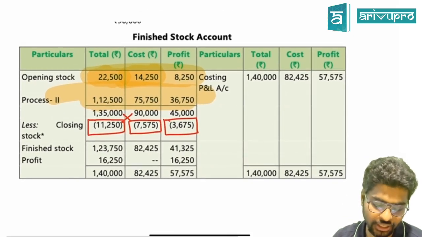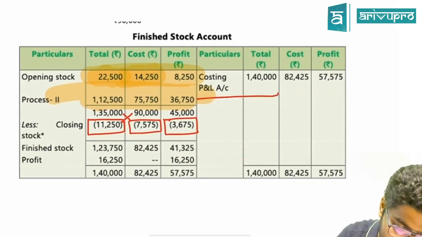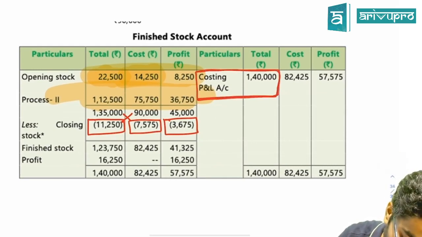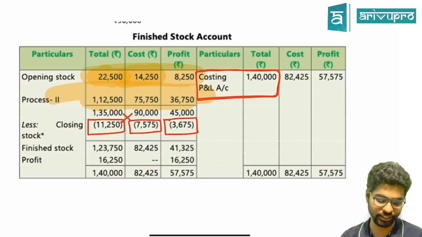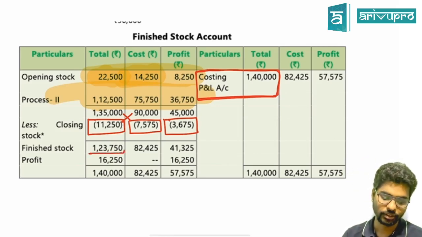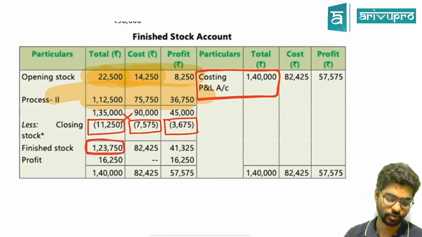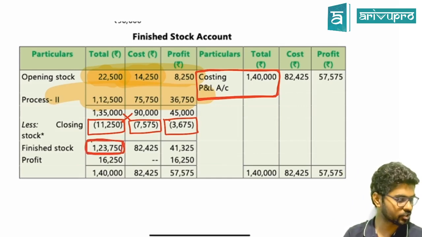Done. Now they are selling, the goods are sold for 1,40,000. I'll only be writing this column. Goods are sold for 1,40,000. This is the finished stock value.